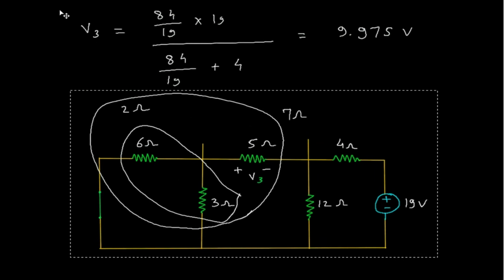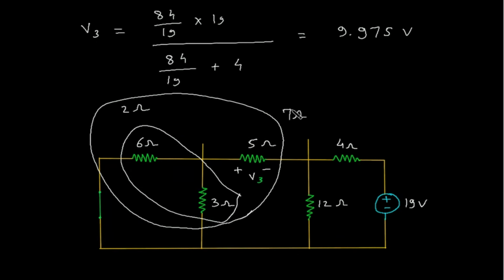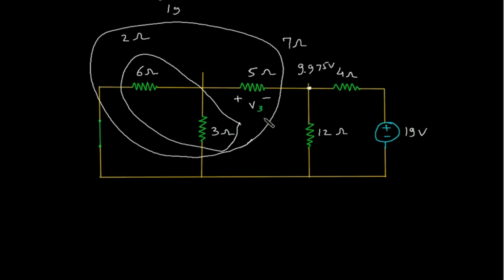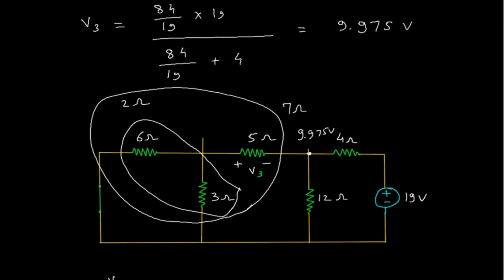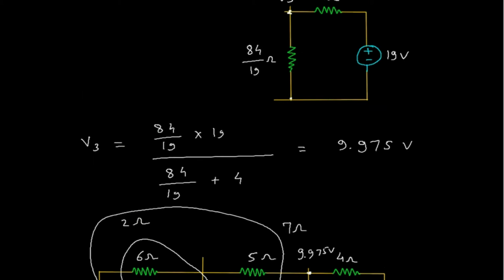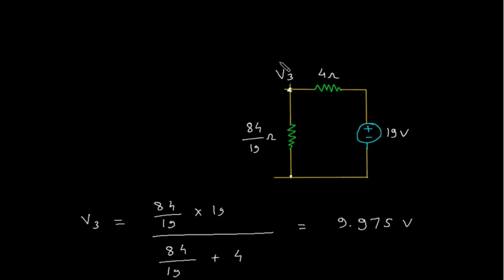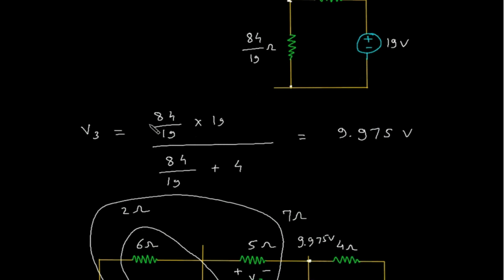Now we have this voltage, which is 9.975 volt. We have to find this V3. Let's change its name: this is not V3, let's say this is V3 prime.